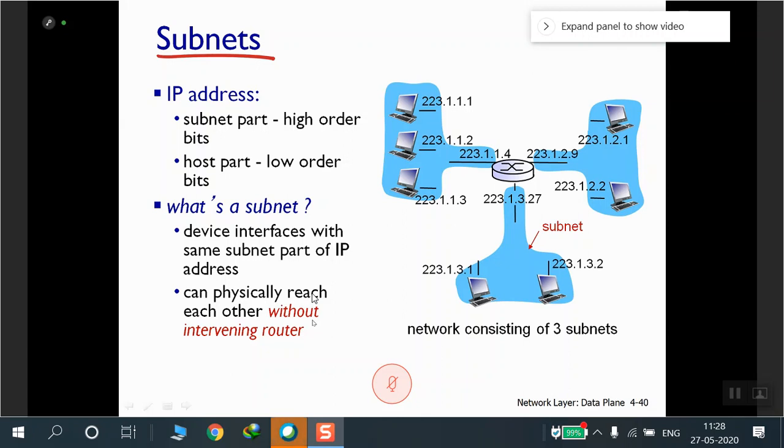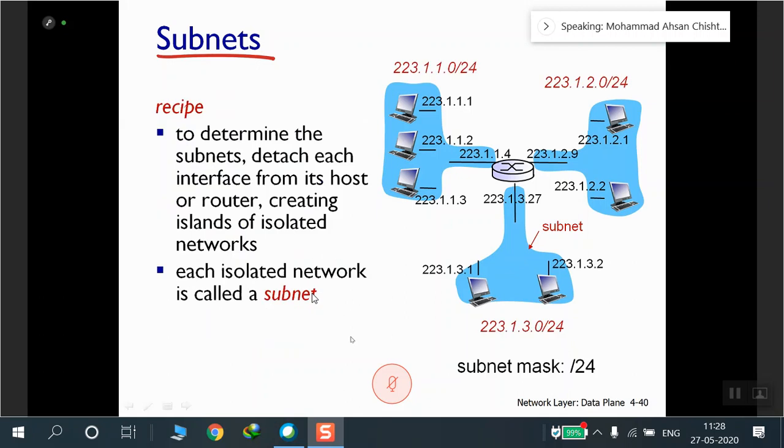Another thing that we see here: if this node, having an IP address 223.1.1, leaves this network and joins another network, that is, you moved from hostel to department, the IP address would change from 223.1.1 to a new one, 223.1.3 dot whatever is available. 27 is taken, 1 is taken, 2 is taken, so it can have something like 223.1.3.3, depending upon the availability.